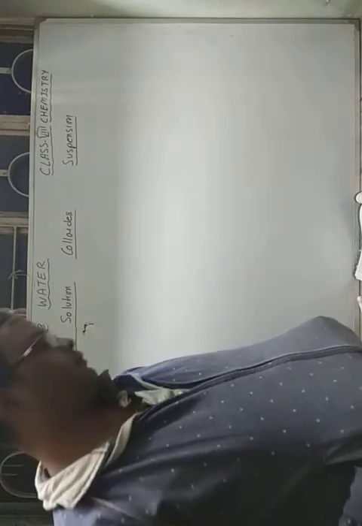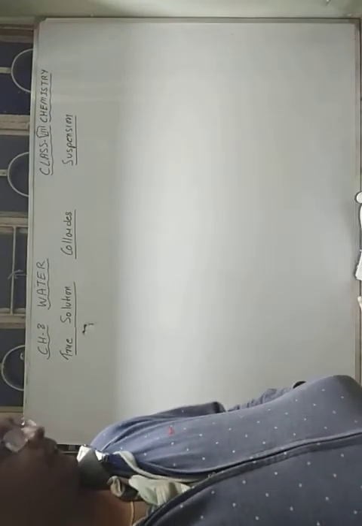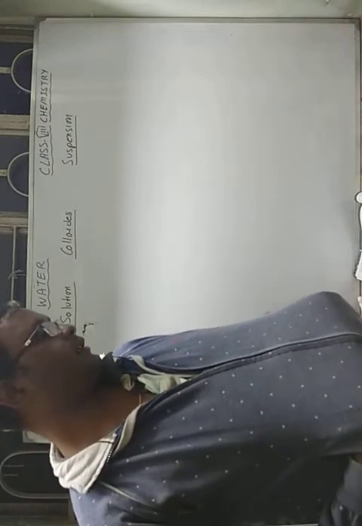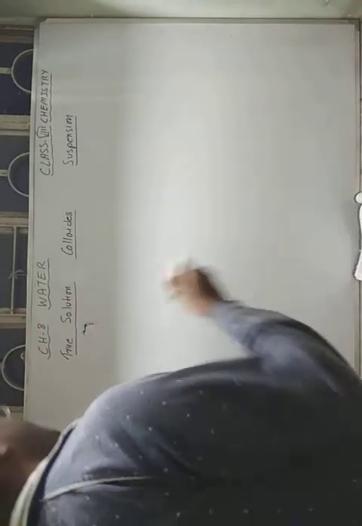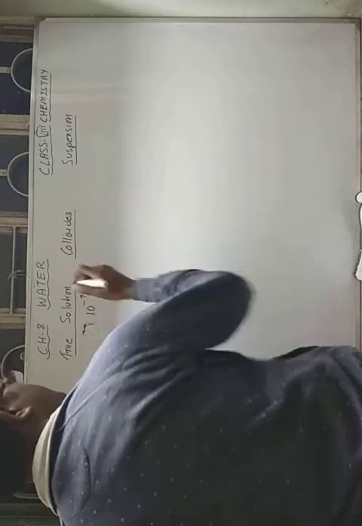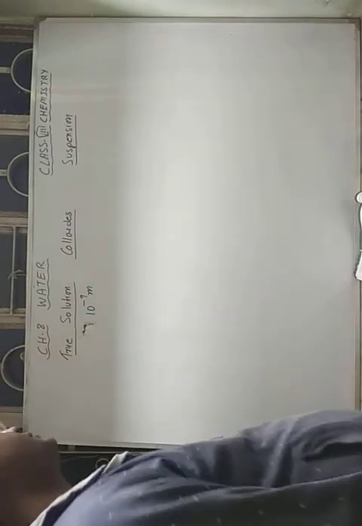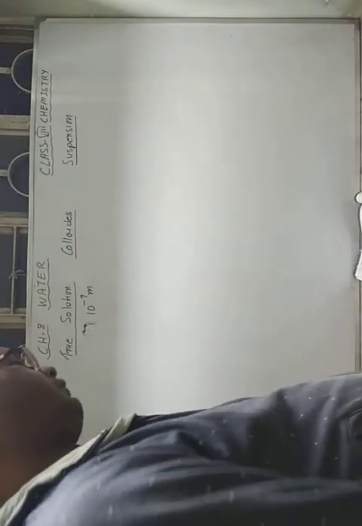It's a homogeneous mixture of two or more substances which completely dissolve in a solvent, and the size of the particles is less than 10 to the power minus 9 meter. Very small in size, it cannot be seen with the naked eye.